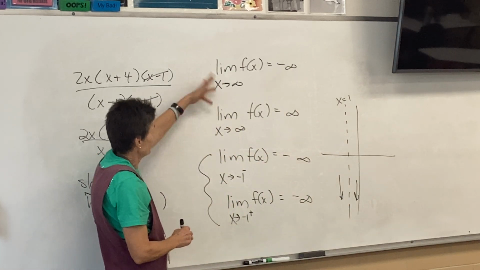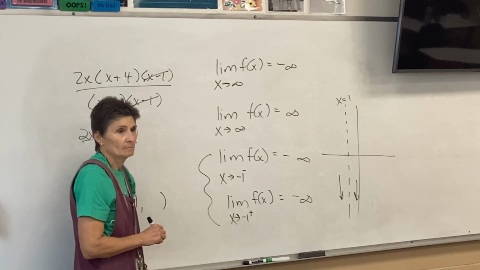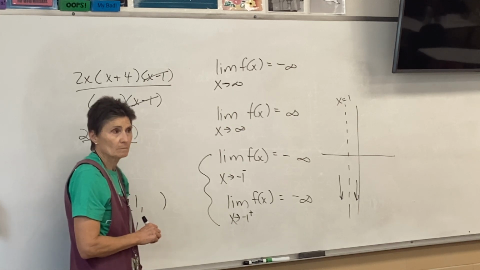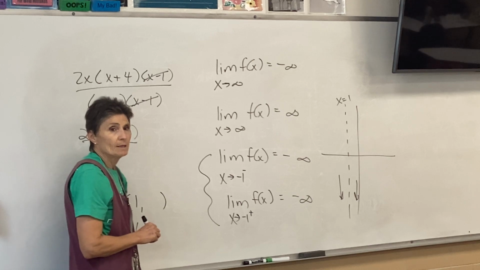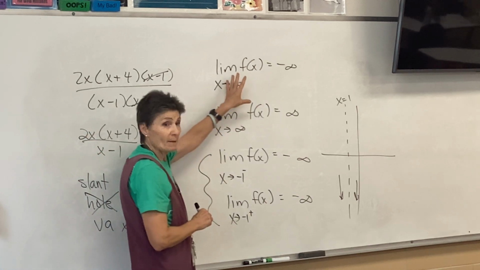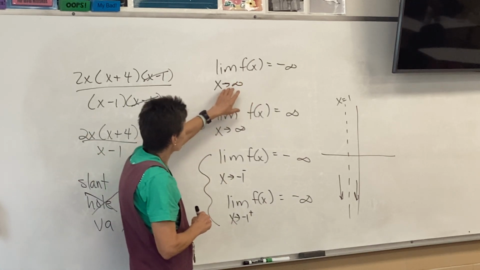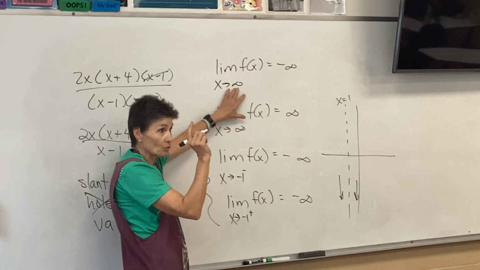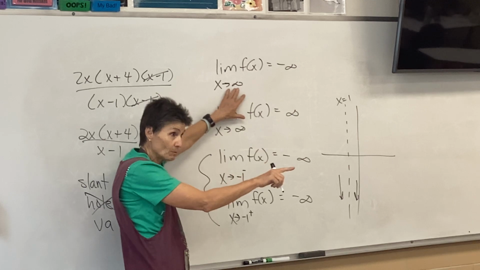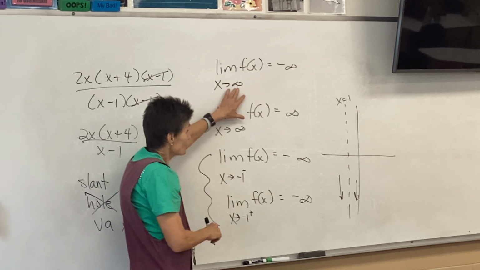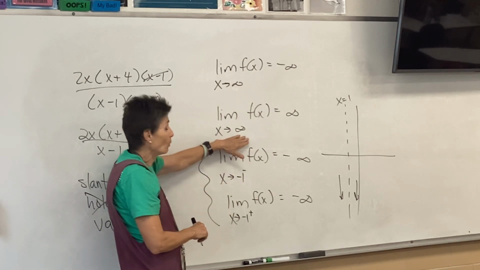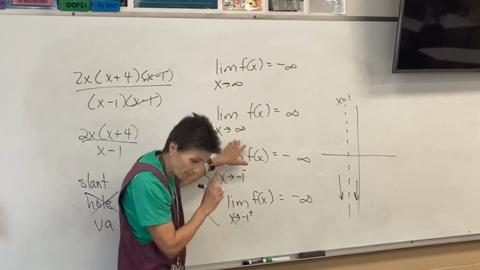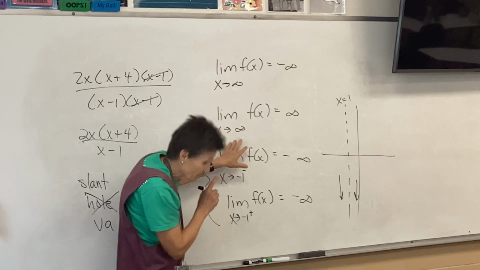What is this telling me? So this is your end behavior, right? As I'm going to the right, my picture is shooting down. Oh wait, I copied it wrong. Which one of these is negative? This one, yeah.